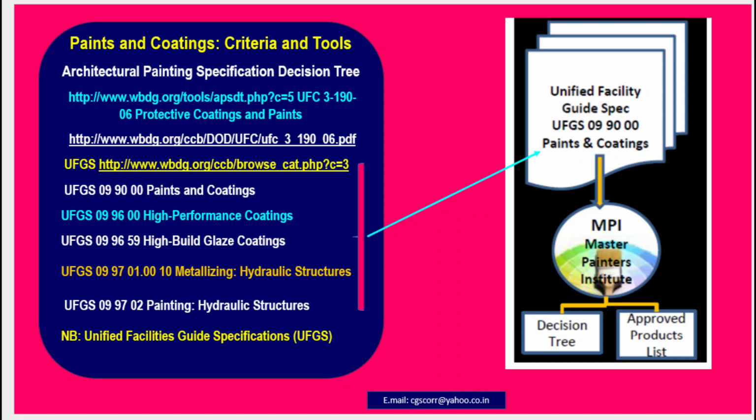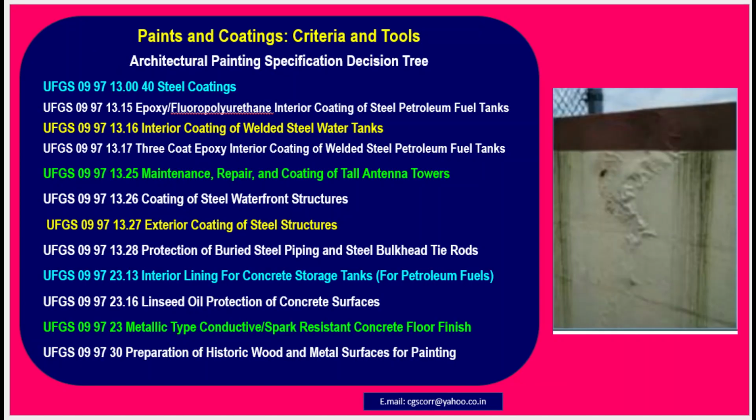It has specifications for paints and coatings, high performance coatings, high build glaze coatings, metallizing hydraulic structures, specifications for painting hydraulic structures, and further paints and coatings criteria and tools, architectural painting specification decision tree.